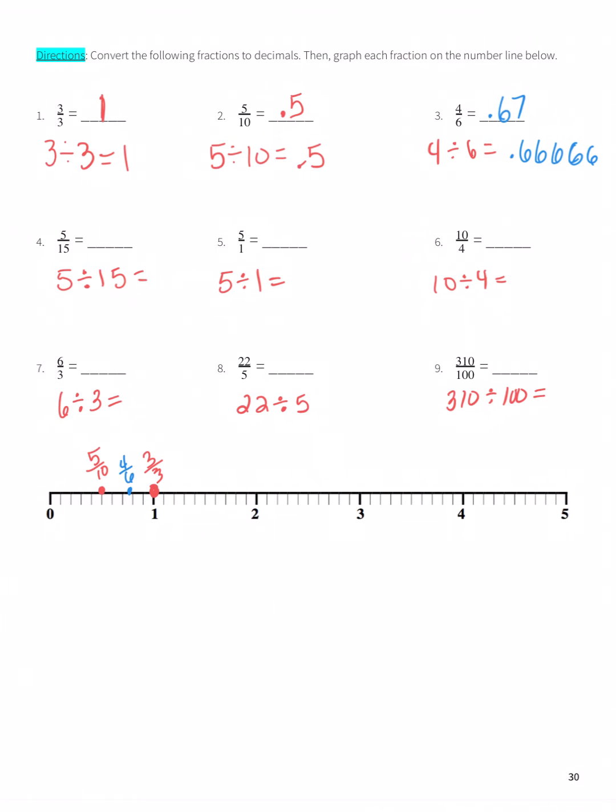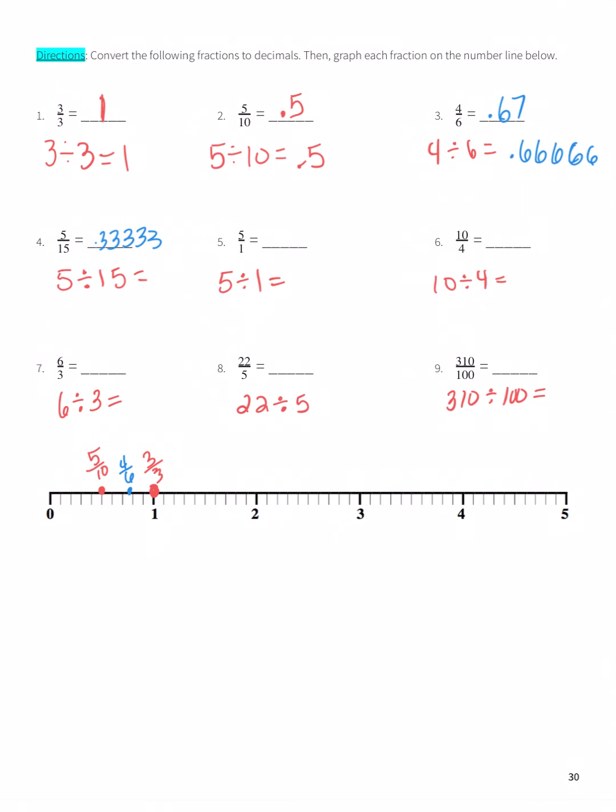All right, next one. We have 5/15. 5 divided by 15 is equal to 0.3 repeating, so we write that as just 0.3. 0.3 is between 0 and 1, and it's just a teeny bit more than that.